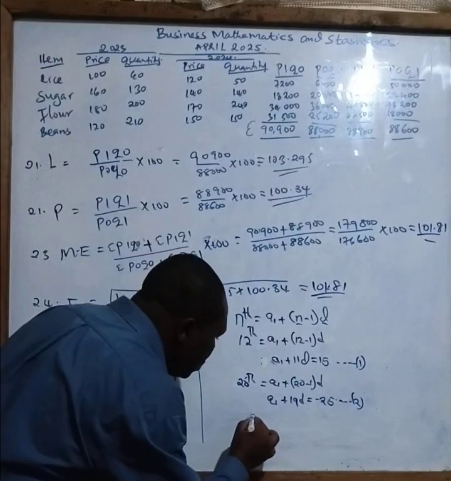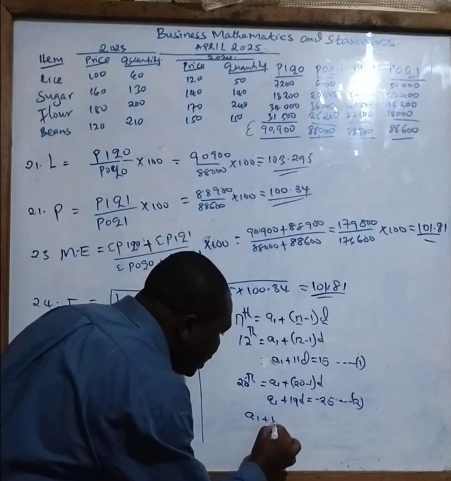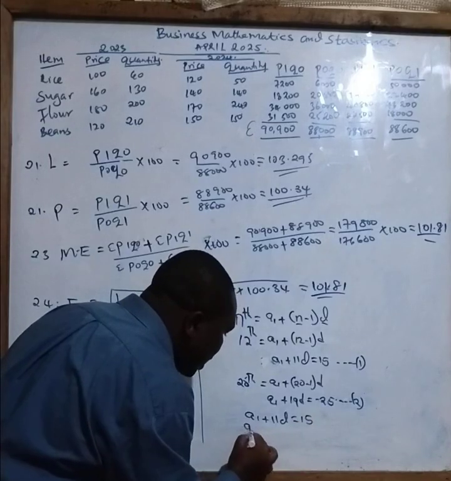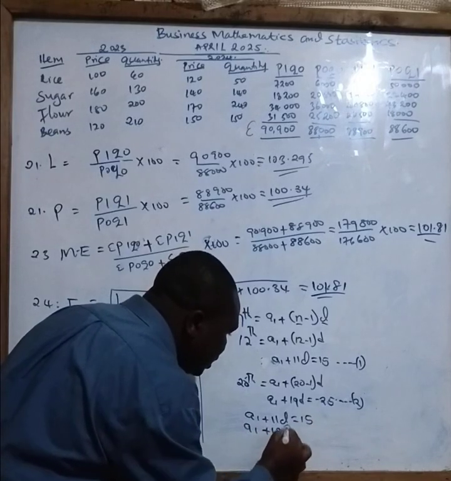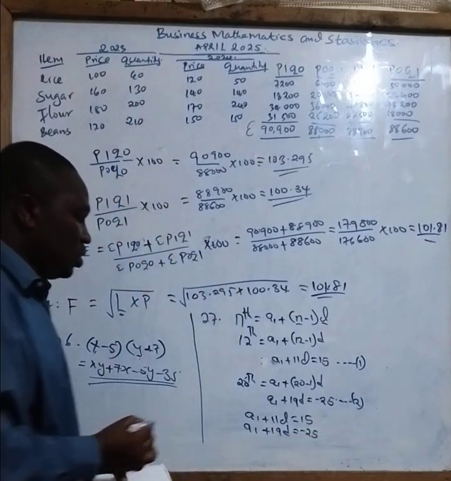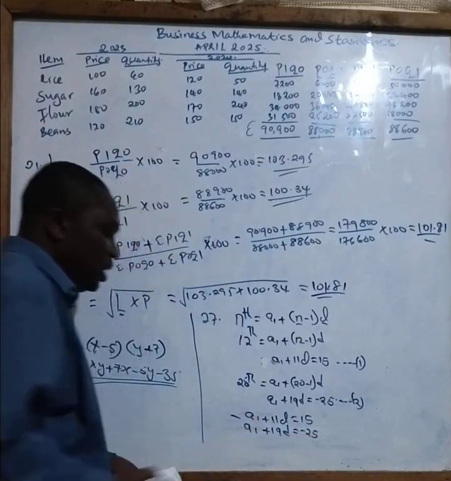So you take a1 plus 11d equals 15, then a1 plus 19d equals negative 25. Correct? I use the elimination method.